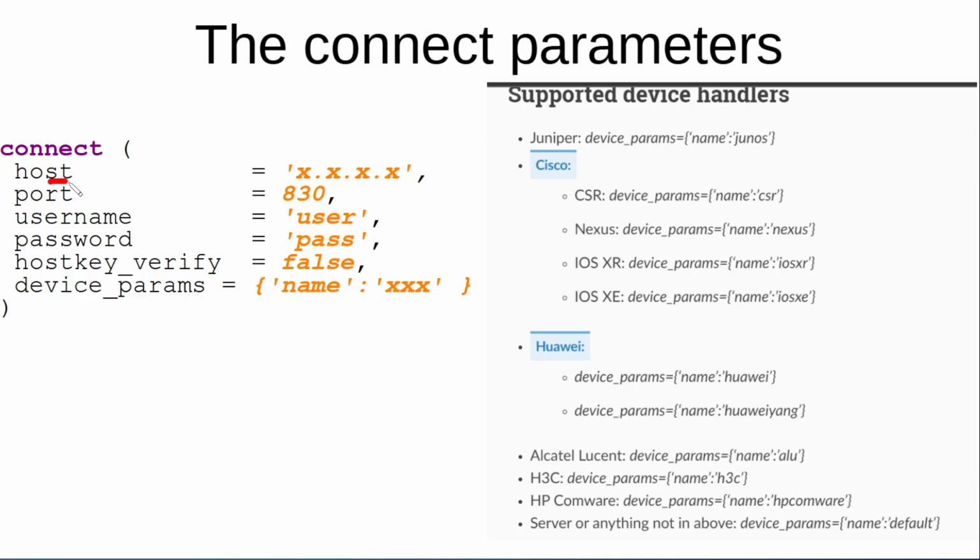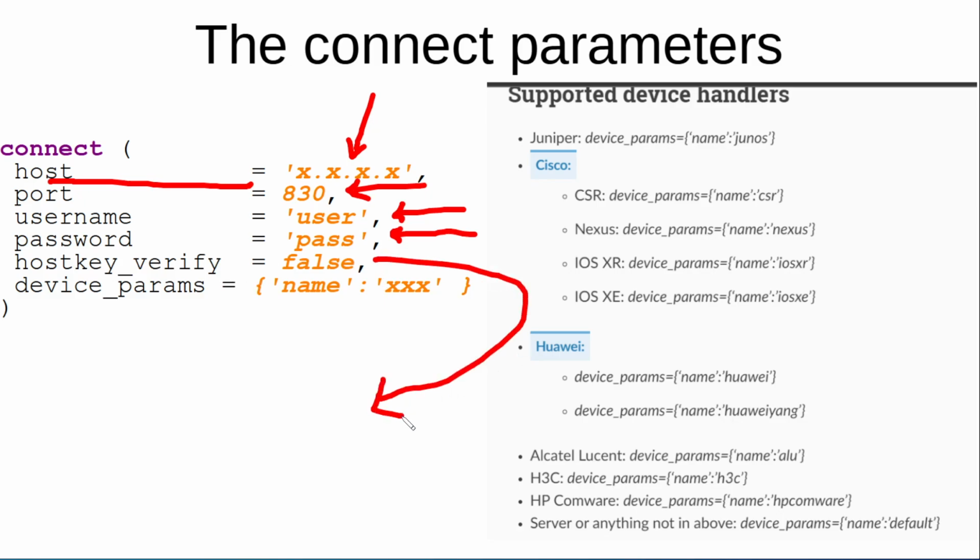So in this case, host will tell you that you have to supply the IP address of the device you want to work with, the NETCONF server, the port number, and a username and password that are available in your NETCONF server.